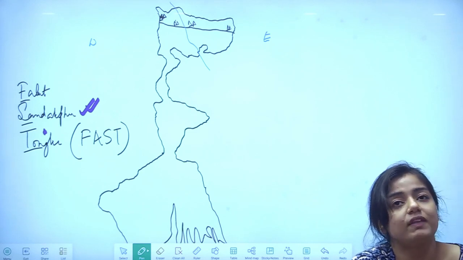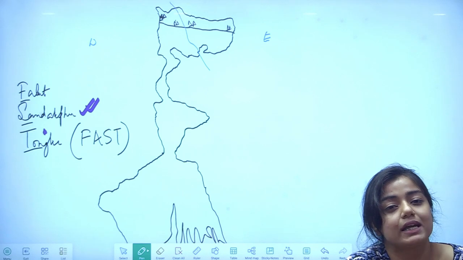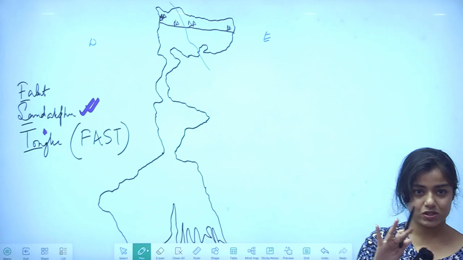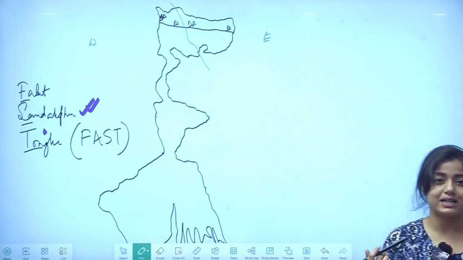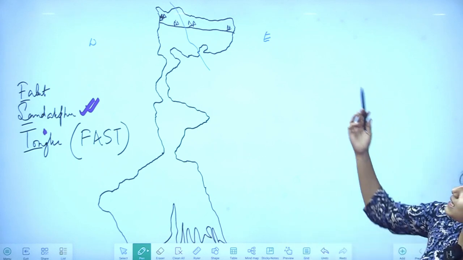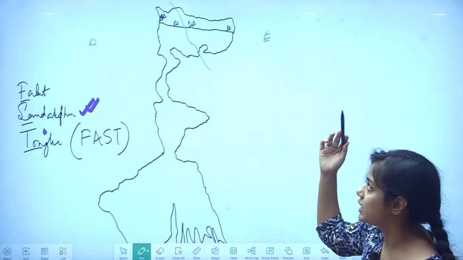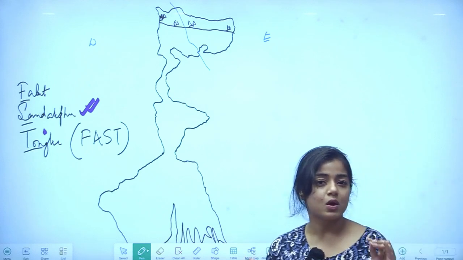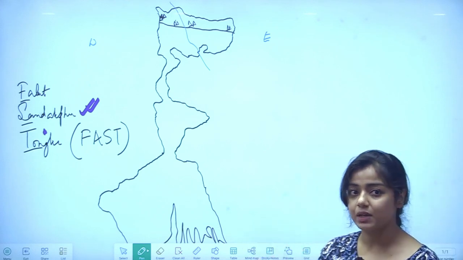So if the question comes, which is the highest peak of West Bengal, the answer will be Sandakphu. But if the question comes that which is the highest peak of the eastern side of the Darjeeling Himalayan region, the answer becomes Rishila. So there are very small hills which you people have to study.